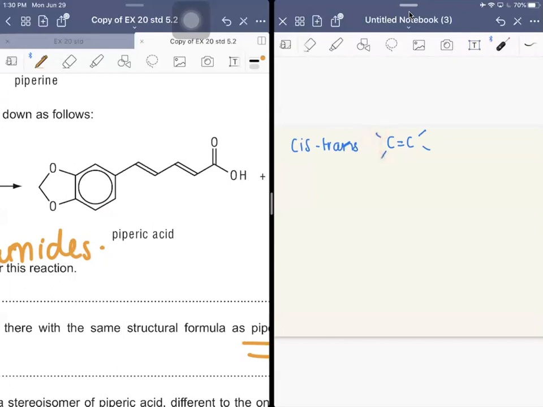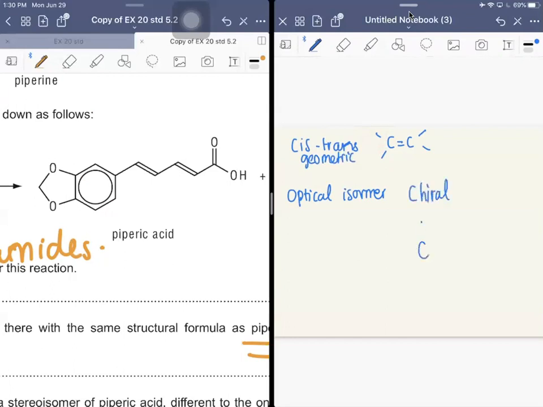The other possible stereoisomer is the optical isomer. Cis trans is also called geometric. You're familiar with that. For an optical isomer, you need a chiral center. A chiral center is a carbon with 4 different substituents or 4 different atoms.